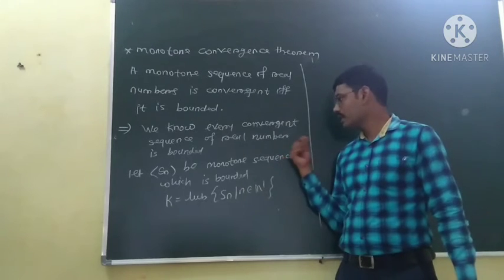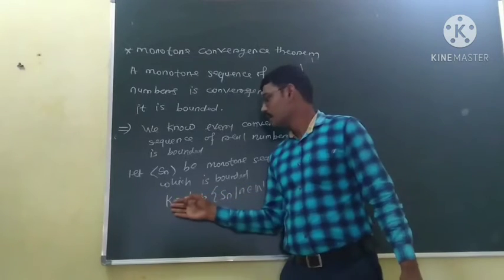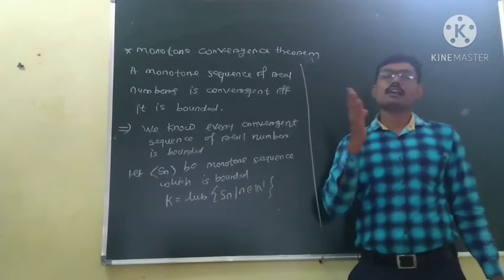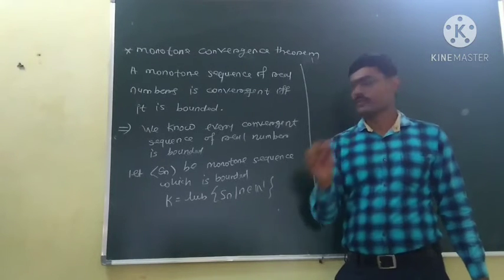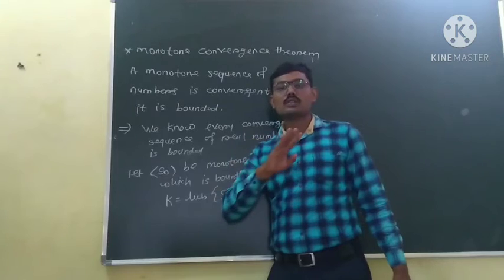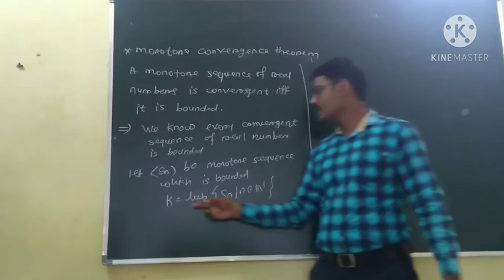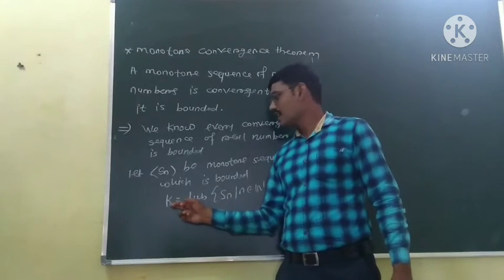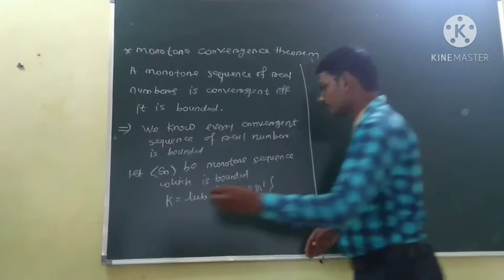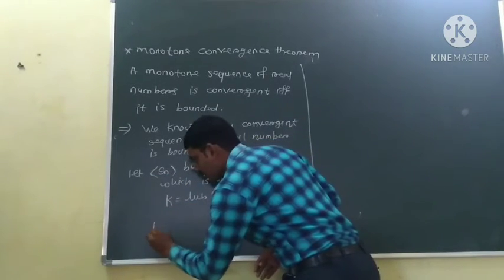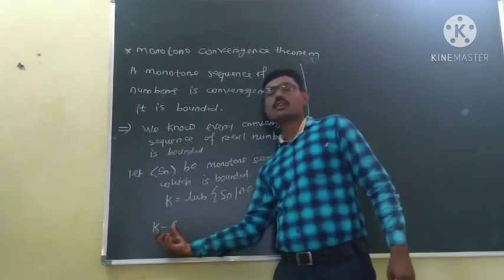One more point here: we have seen that if K is the least upper bound, no number less than K is an upper bound. Since it is the smallest upper bound, there is no other element less than K that is still an upper bound for the sequence. Any upper bound is greater than or equal to K. So if we subtract some very small number epsilon from K, then this is not an upper bound.